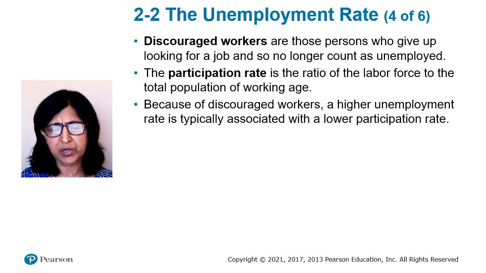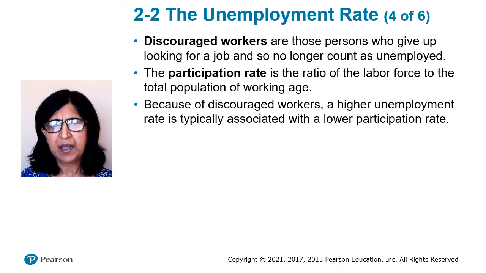Discouraged workers are those who have given up looking for a job and so are no longer counted as unemployed. The participation rate is the ratio of the labor force to the total population of working age people.